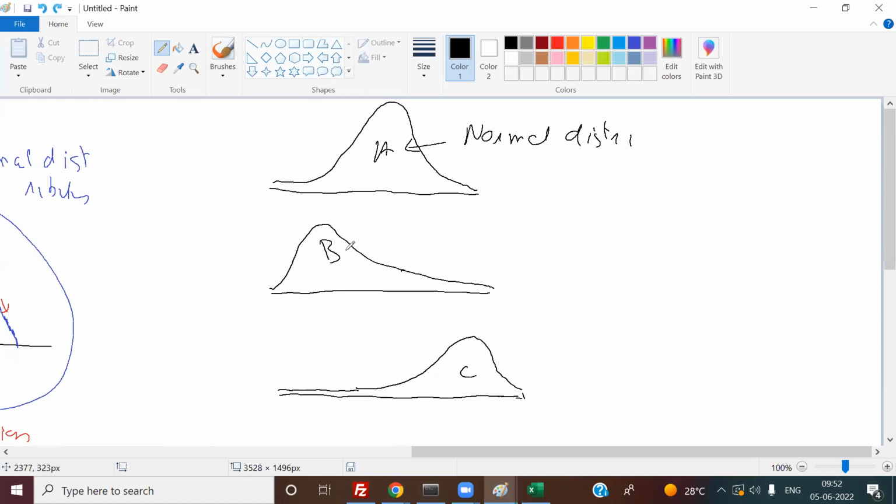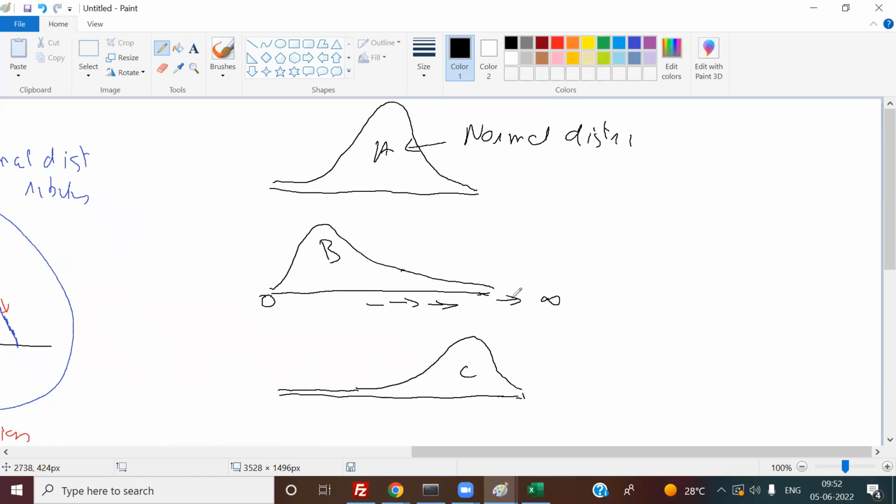This graph B, in graph B, do you notice if I draw something like this, let's say, I hope people understand one thing, that values start from zero and then they keep on increasing. Probably over here, they are moving towards infinity.